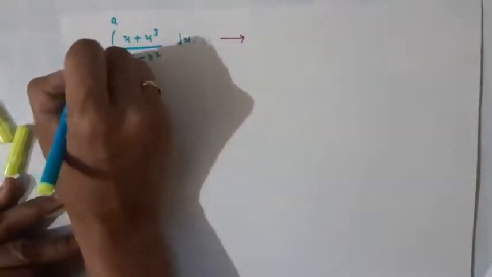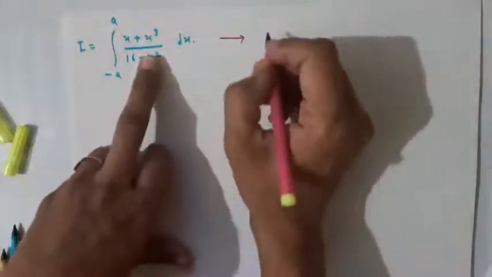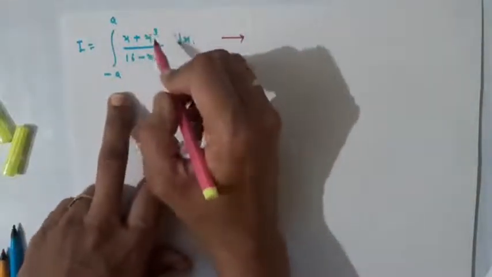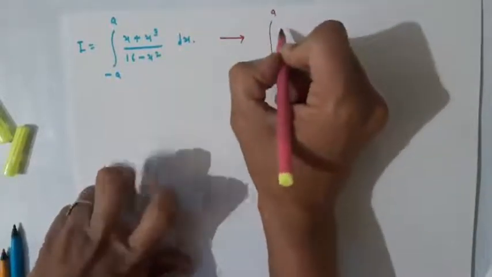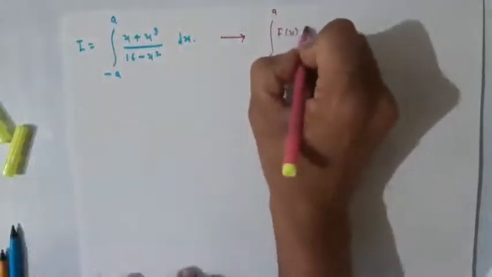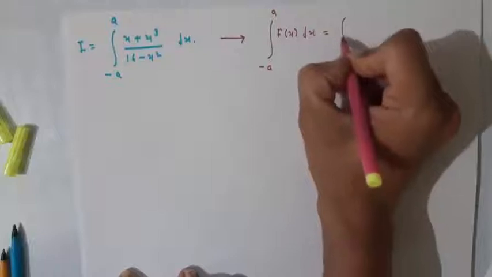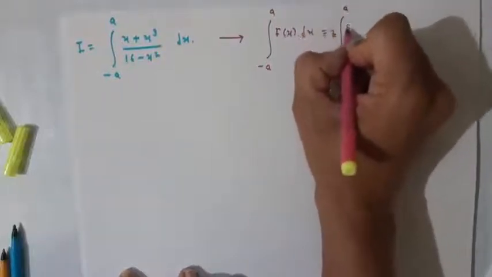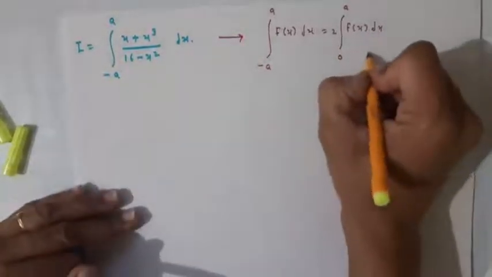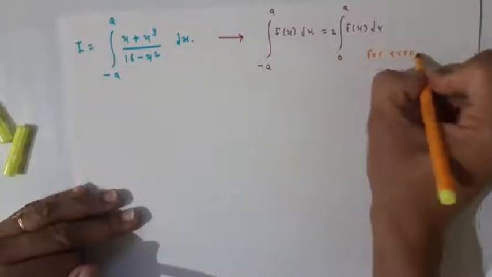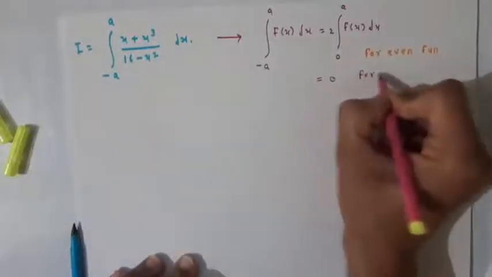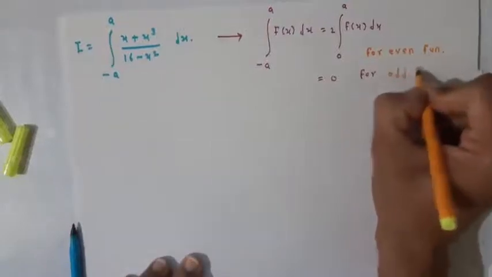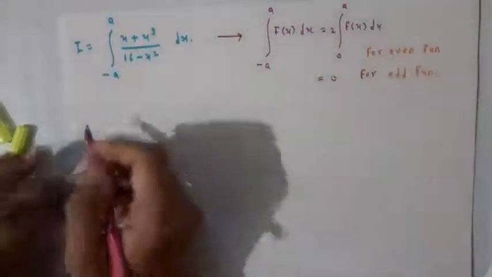Here I equals the integration from minus a to a, so to check whether the function is odd or even, we use the property: the integral from minus a to a of f of x with respect to x equals 2 times the integral from 0 to a of f of x with respect to x for an even function, and the value is 0 for an odd function. Okay, so let us check whether the function is even or odd.